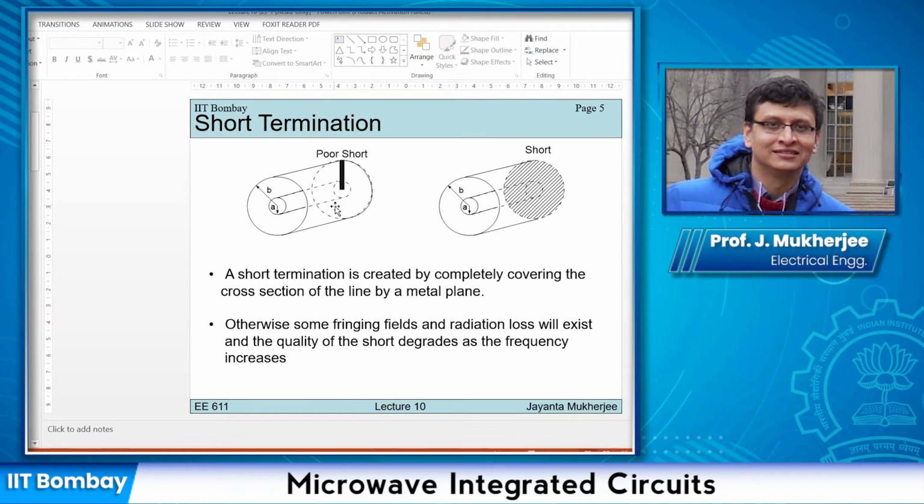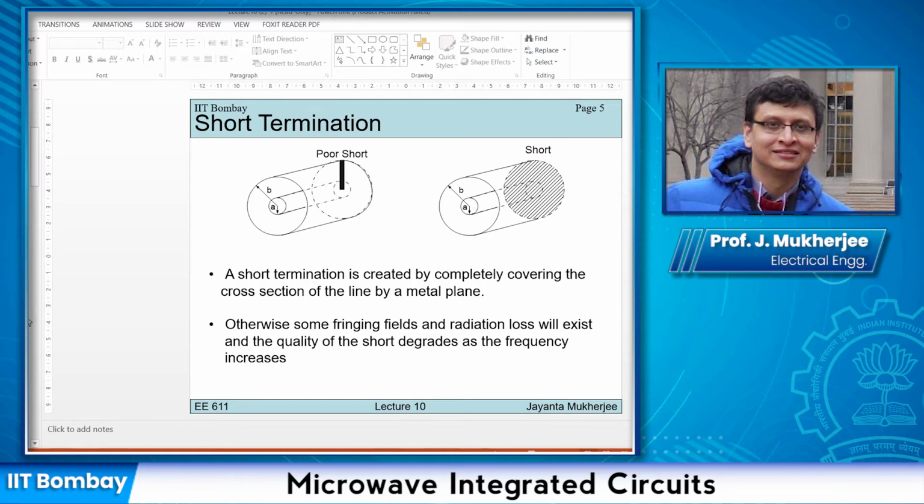But this is an example of a poor short, because only this part is connected to the outer cylinder. For a uniform short, we need all the parts of the inner conductor to be connected to the outer conductor. And that is what is done here. Instead of just one single short between the inner and outer conductor, we have a sort of disc connecting the inner and outer conductors.